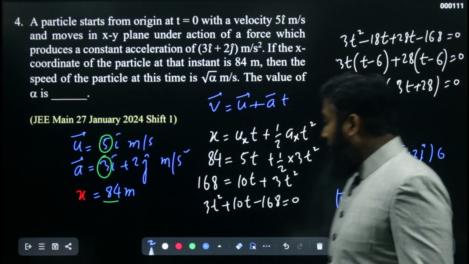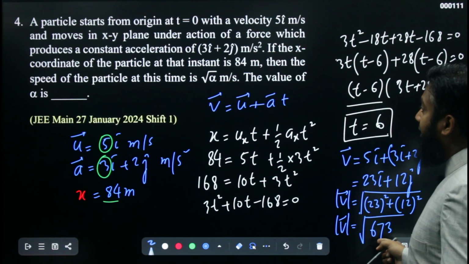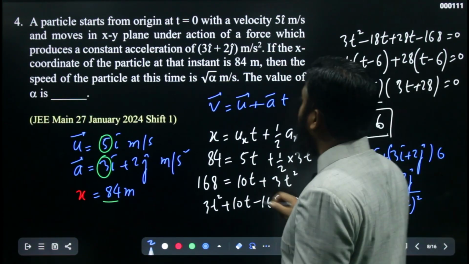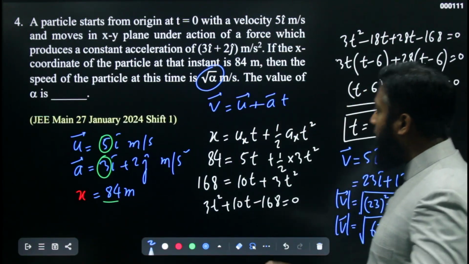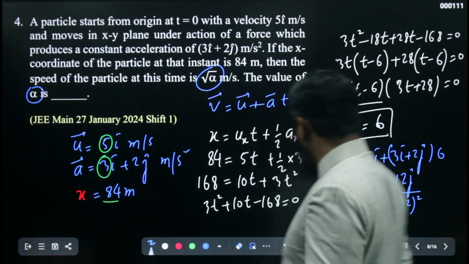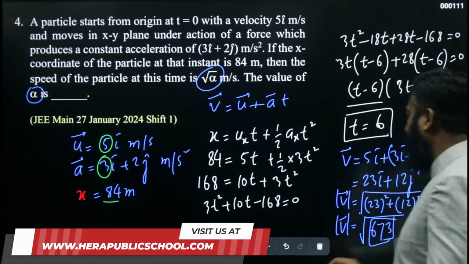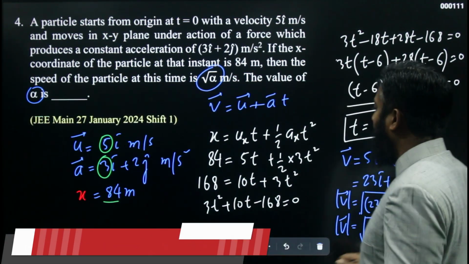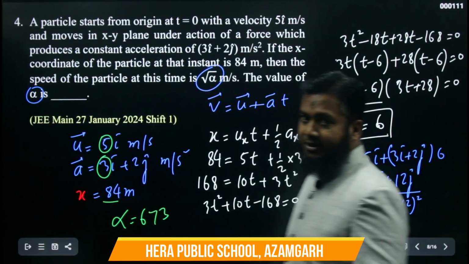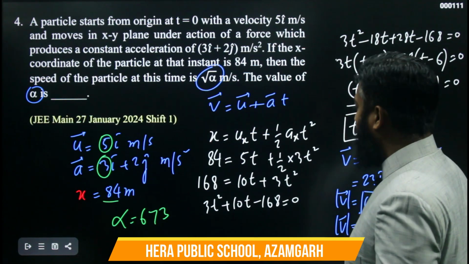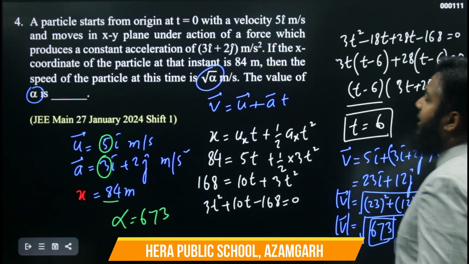Okay, so this is the speed squared at t = 6 seconds, and in the question it is given that the speed of the particle at this time is √α. So what is the value of α? That means we don't have to calculate this square root, simply this is α. So the value of α is 673. This is a numerical answer type question. The answer is 673.